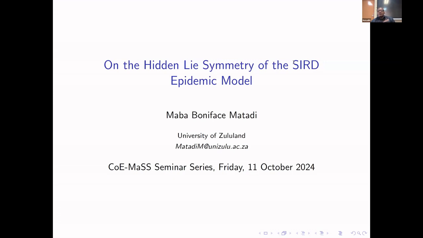I tried to study it more because I realized that during COVID, most of the scholars used the same model to apply it to the COVID scenario, and it was very powerful. In my previous paper, I only used this symmetry, but I conducted further analysis. I found another symmetry that was hidden, and it helped me to find more solutions. That's what I would like to share with you.